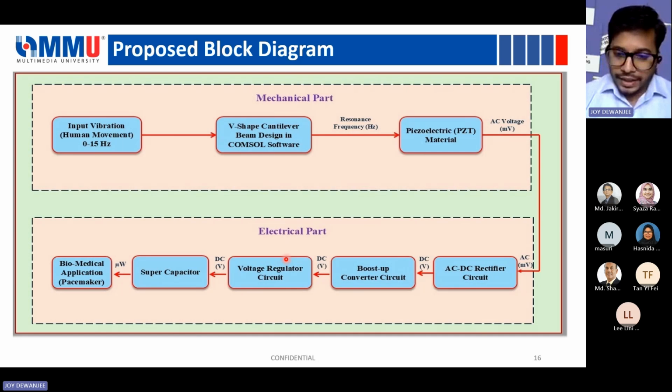After that, since human vibration does not occur all the time, we have to use a voltage regulator circuit to maintain the voltage ratio. Then we are also using a supercapacitor, because a supercapacitor operates like a battery, as its discharge time is much longer compared to a normal capacitor. After that, it goes to the biomedical application.